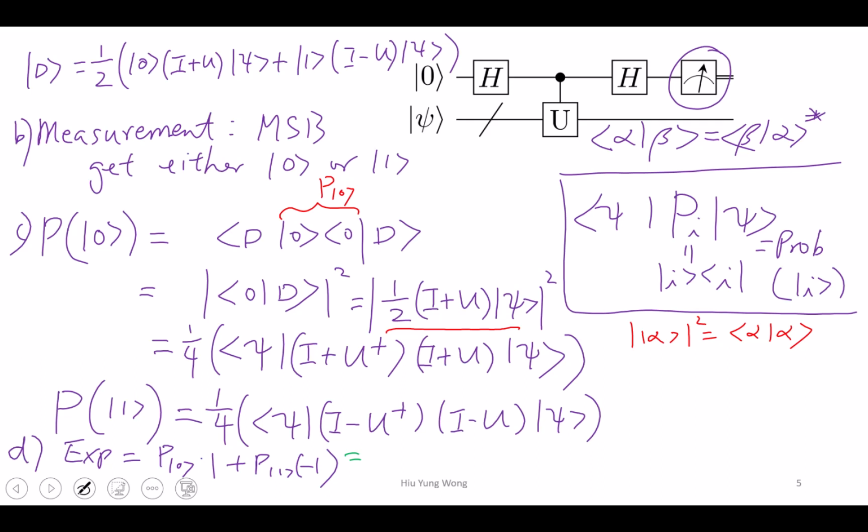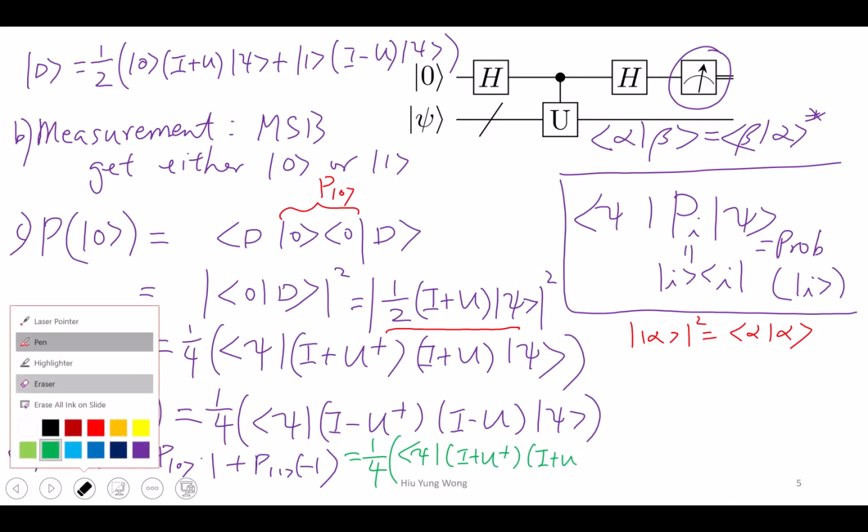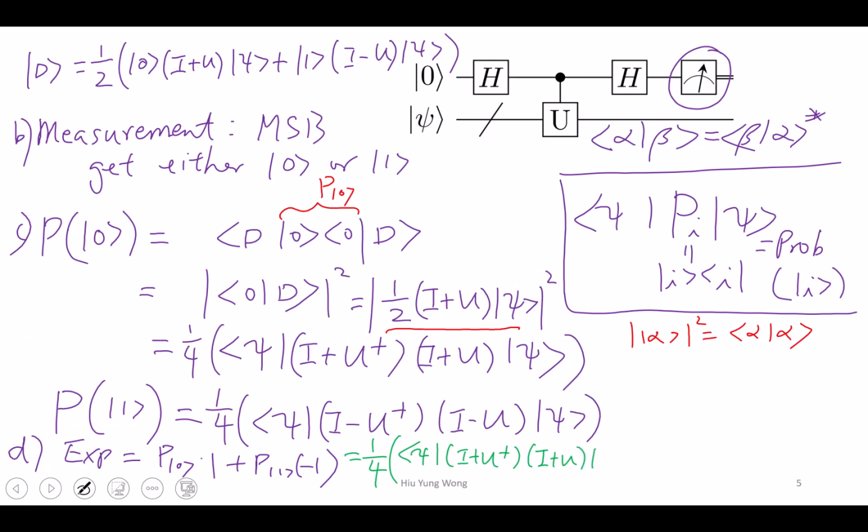So this basically, I just take out this 1/4, is just equal to psi, I plus u dagger, I plus u, psi minus psi, I minus u dagger times I minus u, psi.